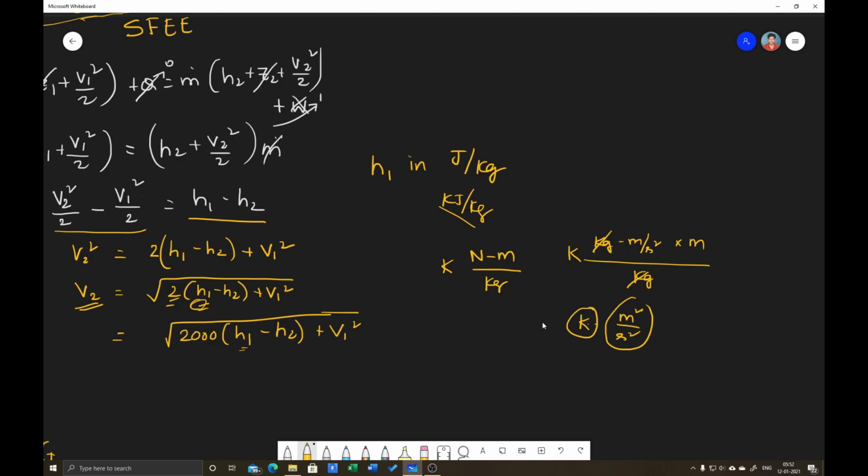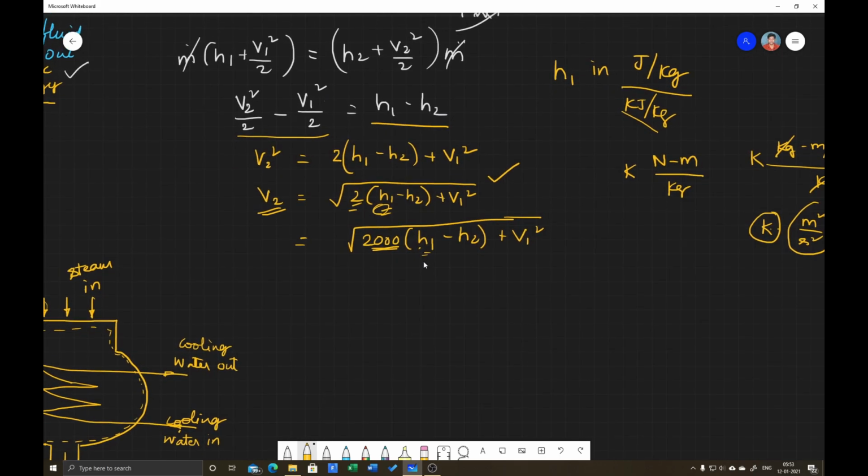So the k is left out. That is why 2000 has to be put like this if it is in kilojoules per kg. If it is in joules per kg, it is okay. This formula is correct, but generally enthalpy will be in kilojoules per kg, so you have to consider this 2000.